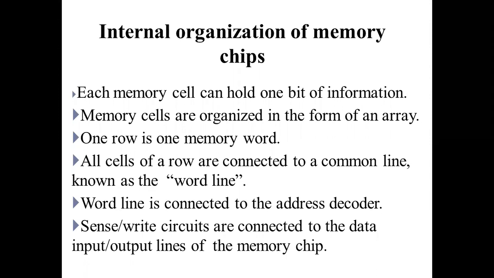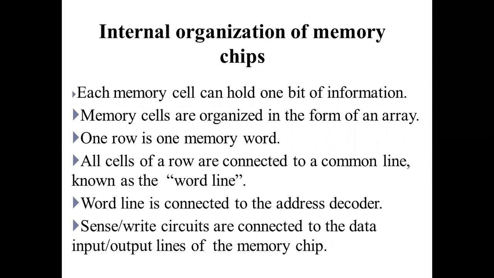So this is the internal organization of the memory chip. Here each memory cell can hold one bit of information. Memory cells are organized in the form of an array. One row is one memory word. All cells of the row are connected to a common line, which is called the word line, and the word line is connected to the address decoder.